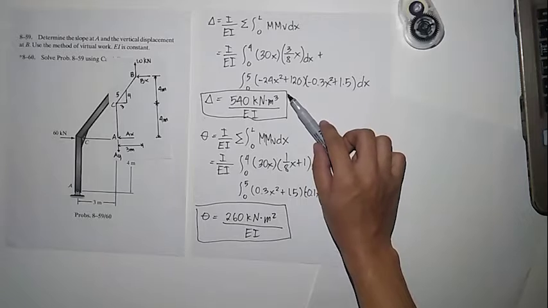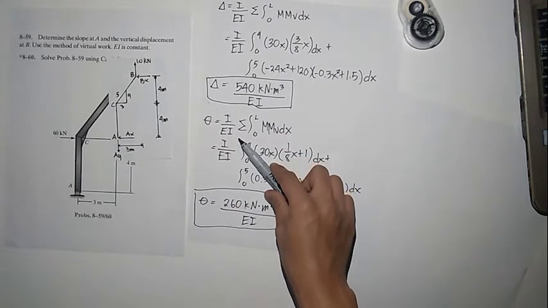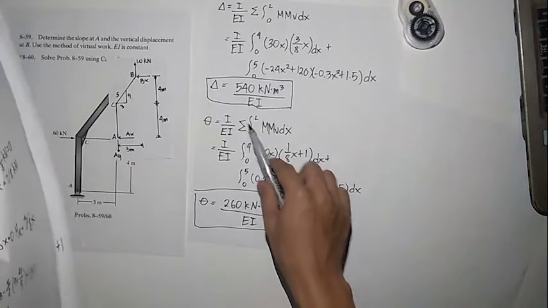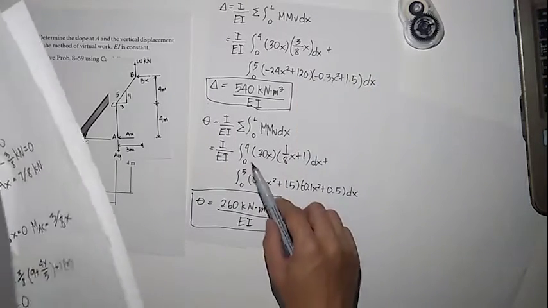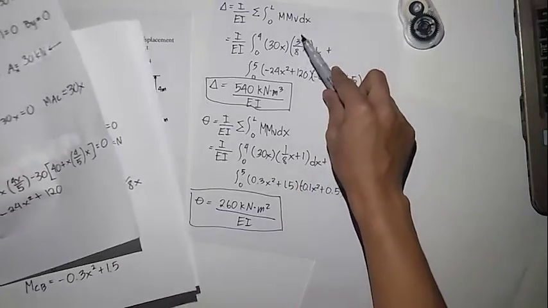At susunod po ay hahanapin natin ang slope po at A. So, ito po ang solution. The same lang po dito. Ito po yung ginagamit po natin sa virtual, at ito po yung kanina sa real system.